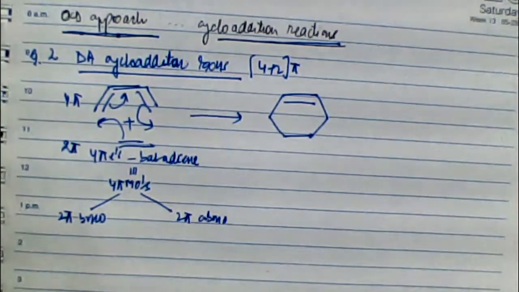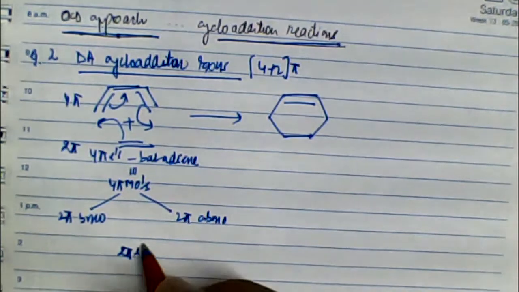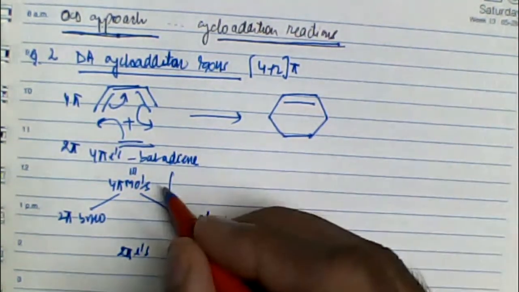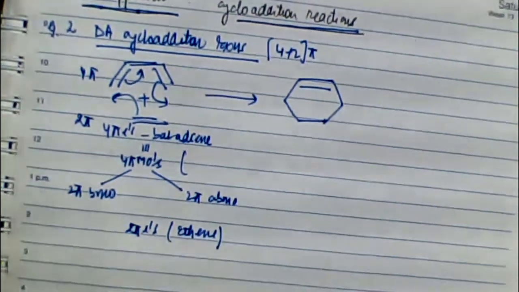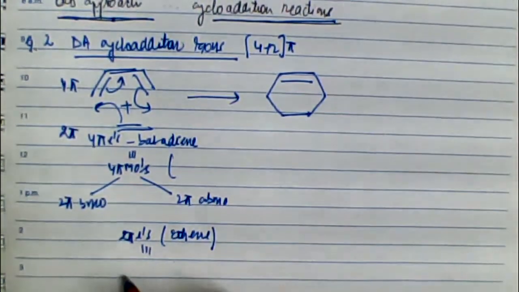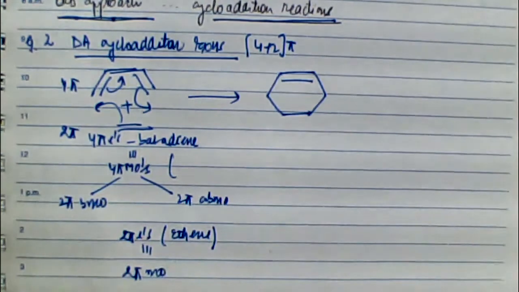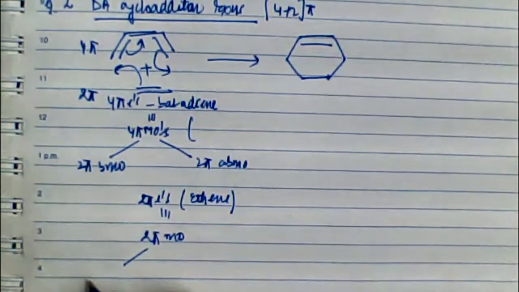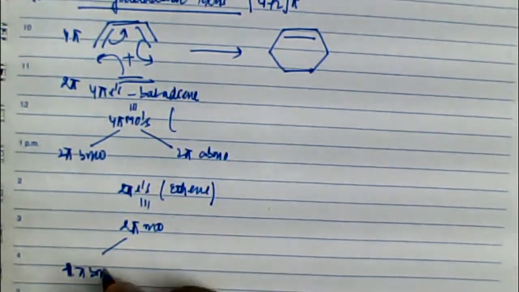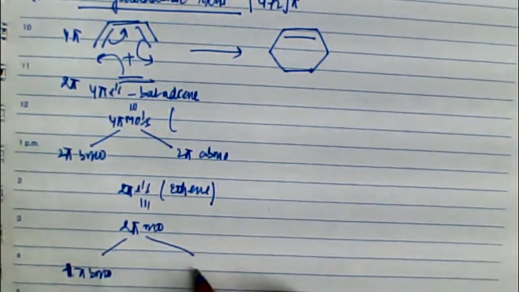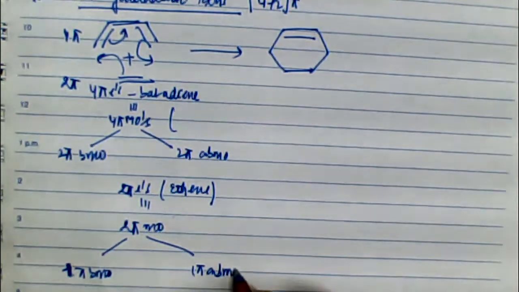The 2 electrons coming from ethene should make 2 molecular orbitals, and of course those would be pi; 1 pi would be a bonding molecular orbital, and the second pi would be an anti-bonding molecular orbital.